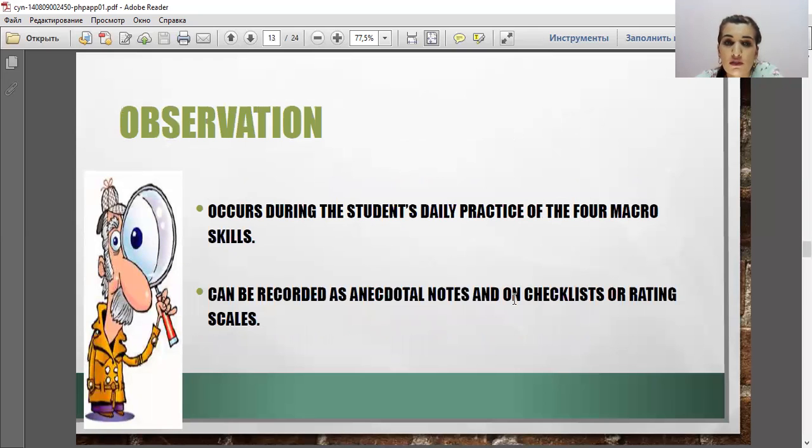So observations can occur during the students' daily practice of the four micro skills like reading, speaking, listening, and writing skills, and can be recorded as anecdotal notes and on checklists of writing skills.